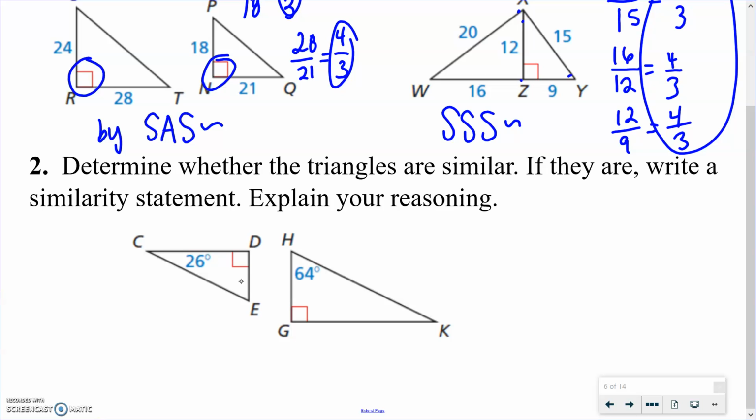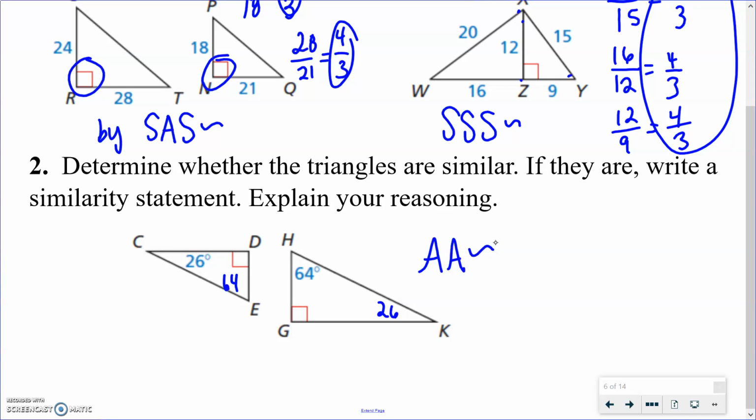First thing I'm going to do is figure out the missing angles in both of these. I'm going to say 180 minus 26 minus 90, so I know this one is 64. Then 180 minus 90 minus 64, and I get that this is 26. Now I have all three angles being congruent, but I don't need all three. It's just angle-angle similarity.